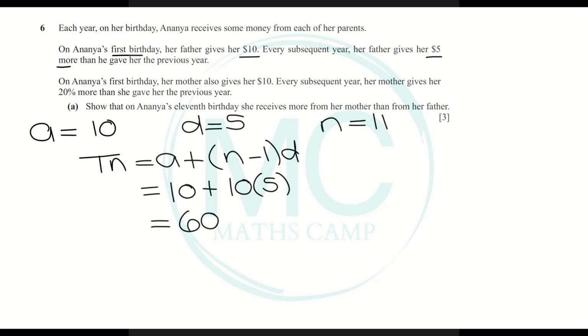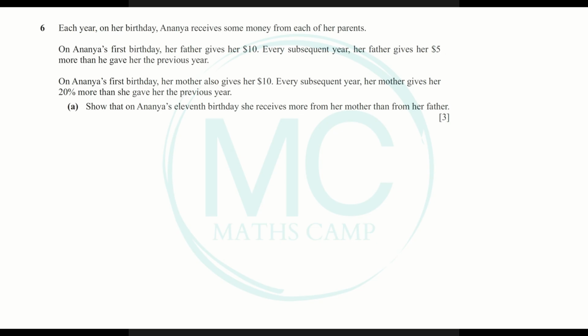So let's see how much money her mother gives her. Let's make some space. On her first birthday, her mother also gives her $10. Every subsequent year, her mother gives her 20% more. So we are working with a geometric progression. So in this case, A is also 10.